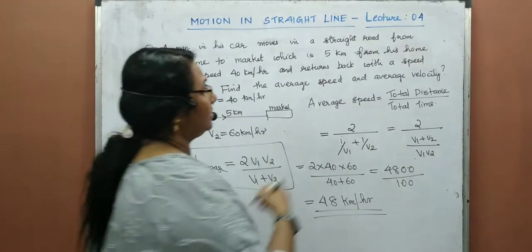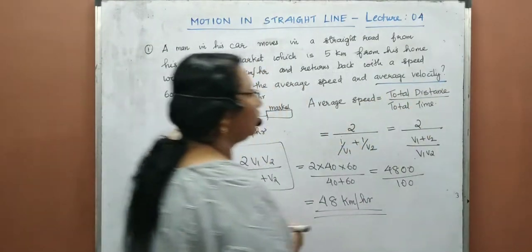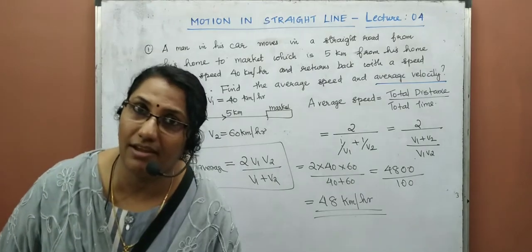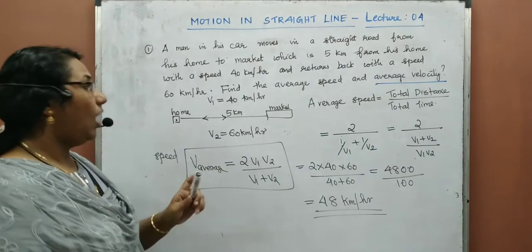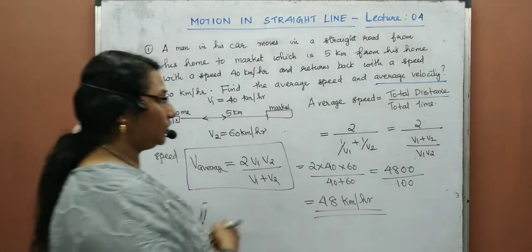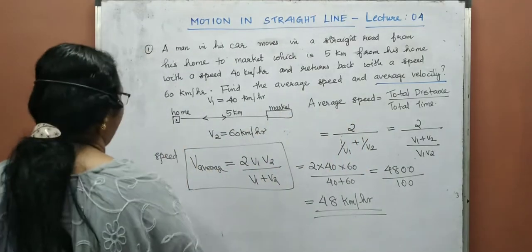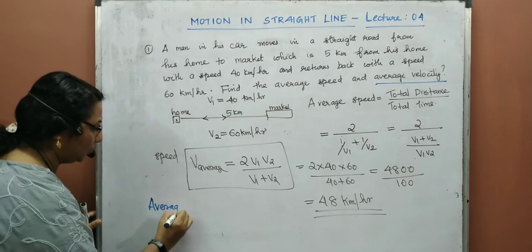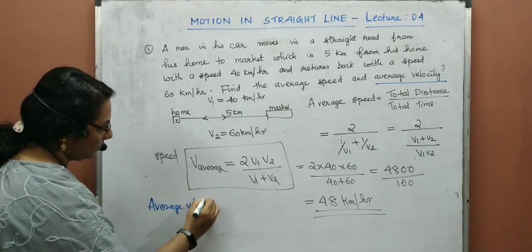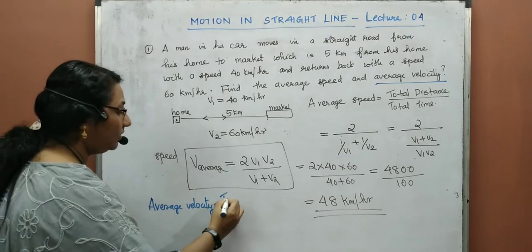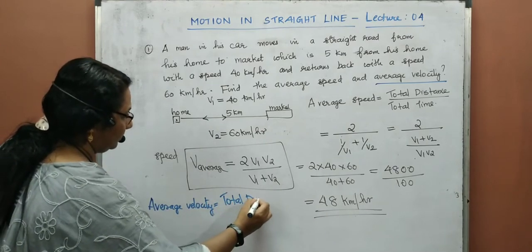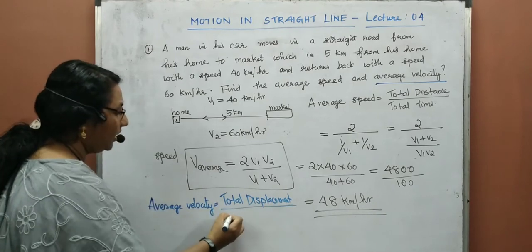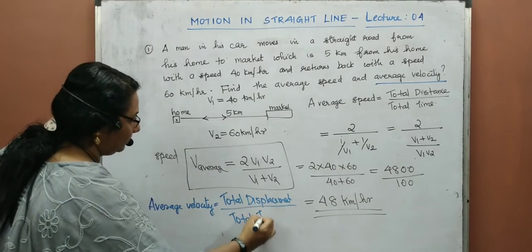The second question is average velocity. You have to find the average velocity. The same thing we have to do. Average velocity is equal to total displacement by total time taken.